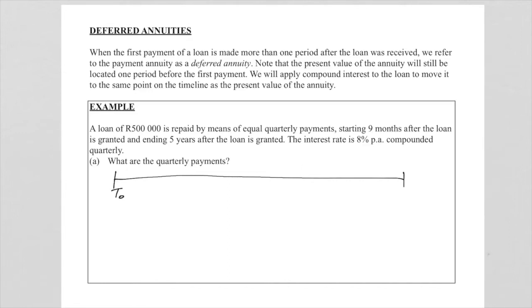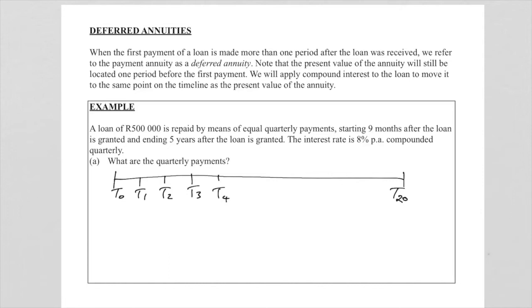So let's just draw a timeline to see what this is about. Now, our T0, T1, T2, T3, and I'm just going to do a few of them like that. And of course, this last one, I hope you agree, will be T20. Why is that T20?